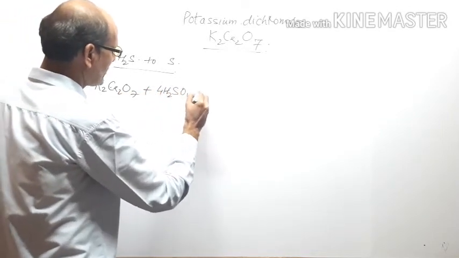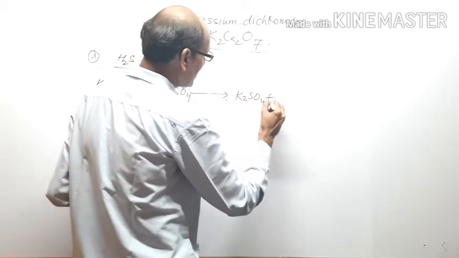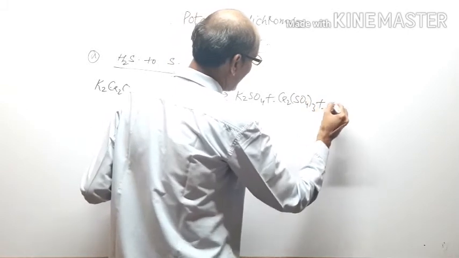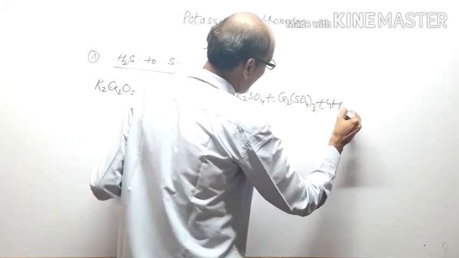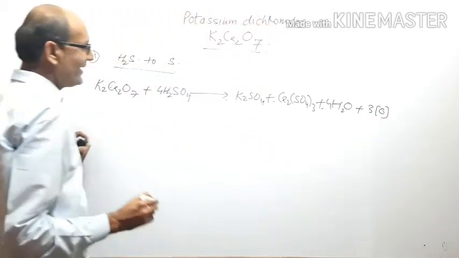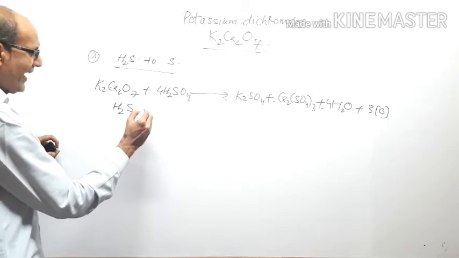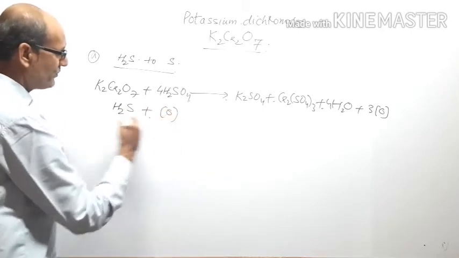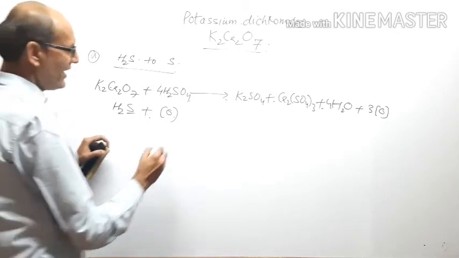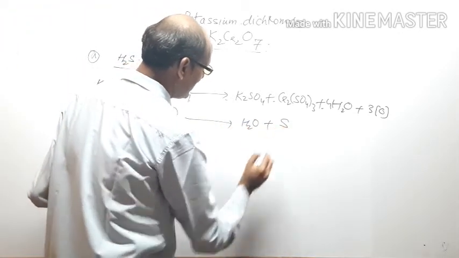So you will get K2SO4 plus Cr2(SO4)3 plus 4H2O plus 3O, and that oxygen reacts with hydrogen sulfide. This oxygen replaces the sulfur and forms H2O plus S.